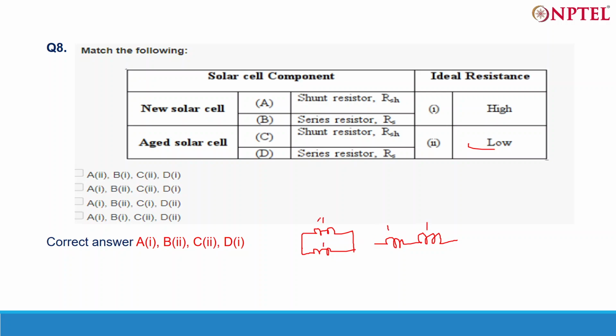No, let's say this is 2. Okay, so this is high in the initial case. So if this is 2, 2, what is the formula for equivalent resistance? 1 by 2 plus 1 by 2, and this whole thing is basically 1 ohm.